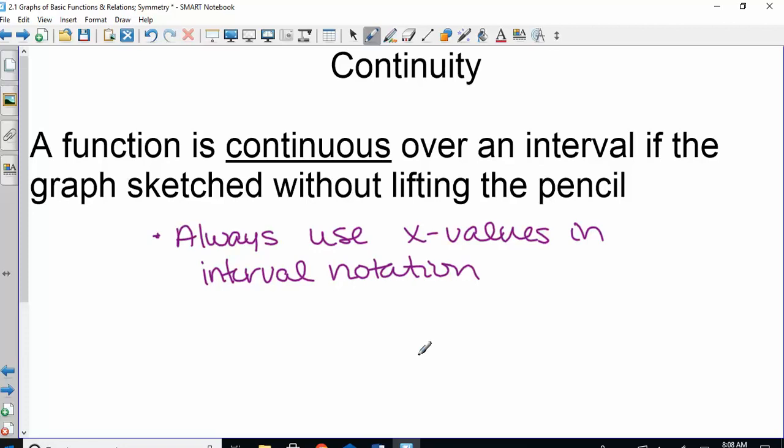Otherwise, if I'm saying give me the interval where it's continuous, we will use x's only. And so interval notation is what we have been doing. Left to right, small to large. We know parenthesis means not equal to, bracket means it is equal to, so we're sticking with that for everything here.